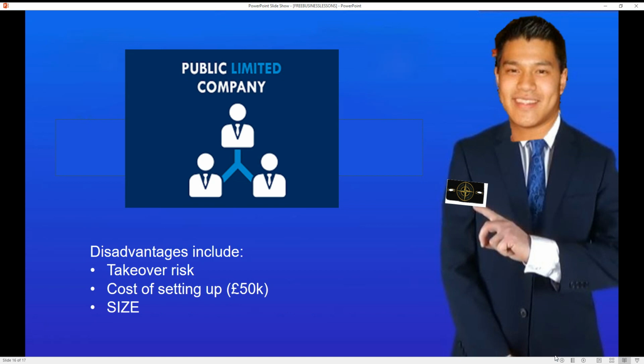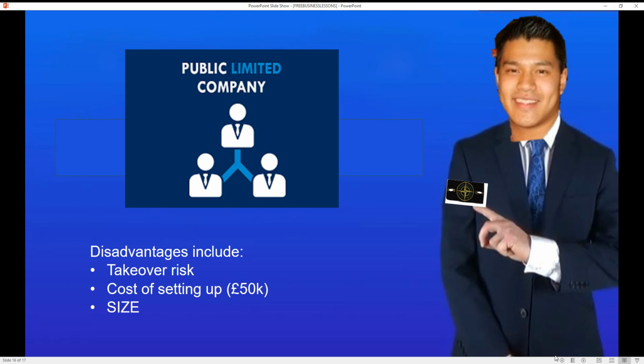Some disadvantages, though. The big one here, the difference from this to a private limited company, is there's a big risk of a takeover because anyone can buy shares in your business. That means the original owners could lose control of the business if more shares are bought out. Okay, there's a massive cost of setting up a public limited company.